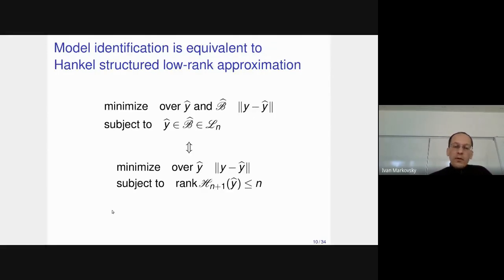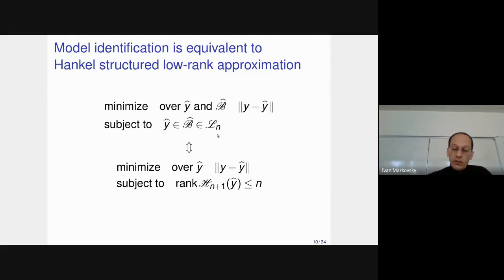And now the modeling problem can be stated as follows. If we're given data y, observations, we want to approximate this data in some norm with a trajectory y hat, which is by construction guaranteed to be sum of damped exponentials with at most n exponents. Namely, y hat belongs to a model b hat, which belongs to the class of models that we are interested in, L sub n.